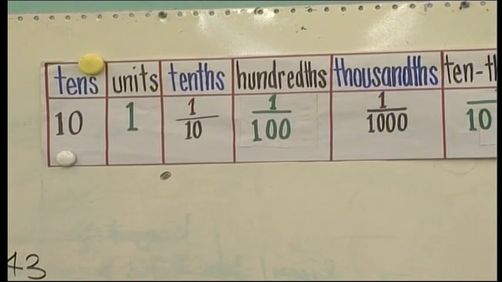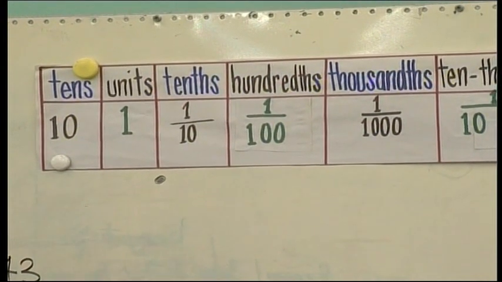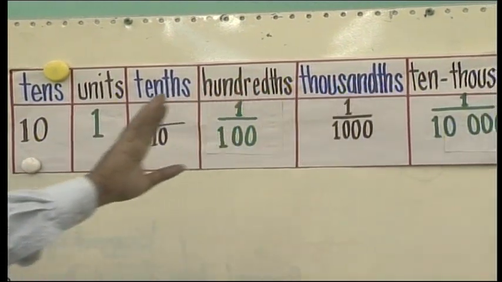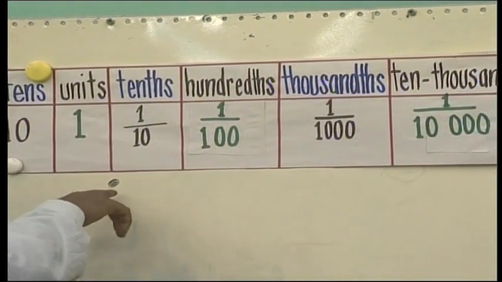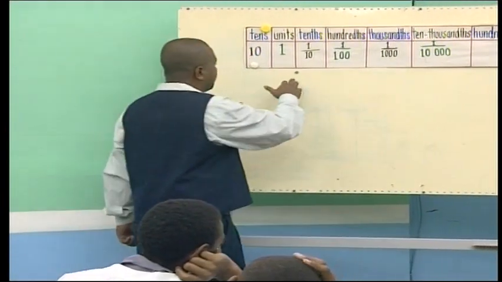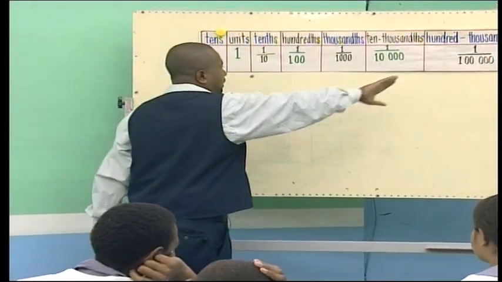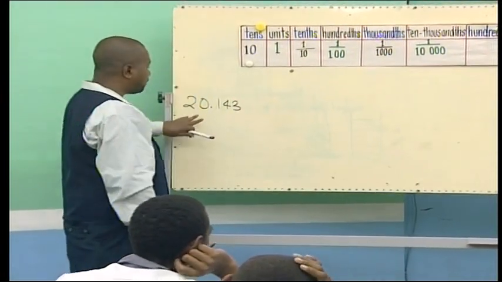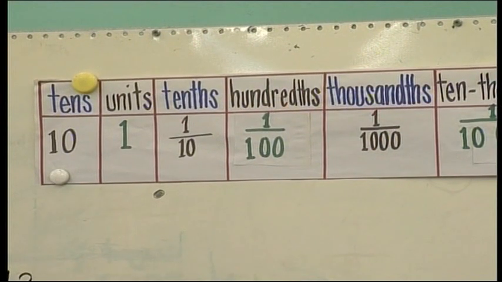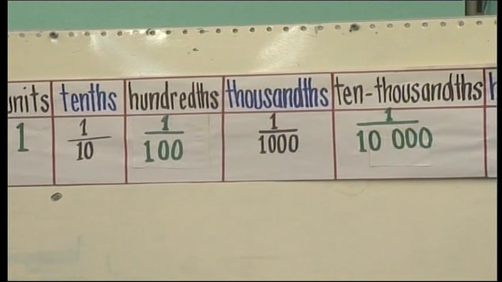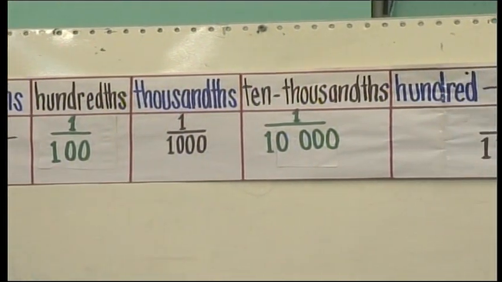Meaning that from the units going to your right, it's after the decimal point. So any number written across towards your right is after the decimal point. So we are going to place this number, 20.143, under each of the columns there.